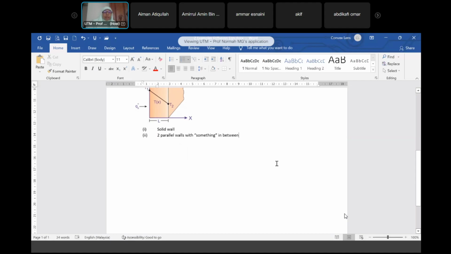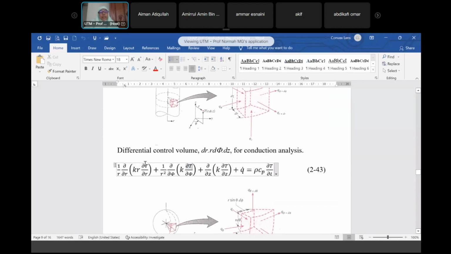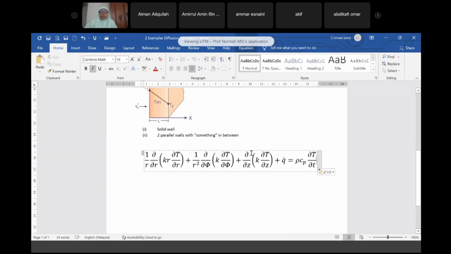So have a look at that. I cannot be showing everything. What happens if you have, let's say, a cylindrical wall? So you have something like that, and I'm going to take something from the internet, a cylindrical wall.